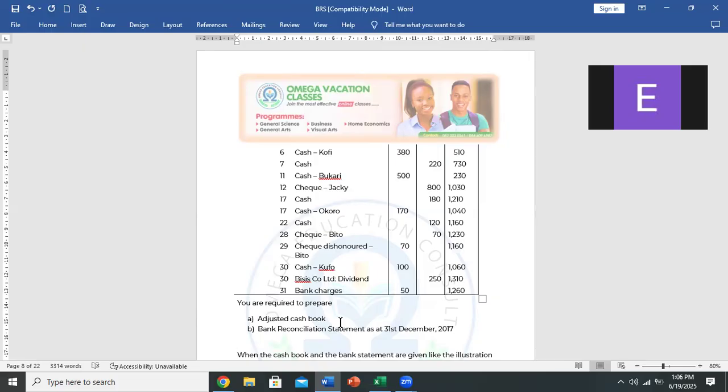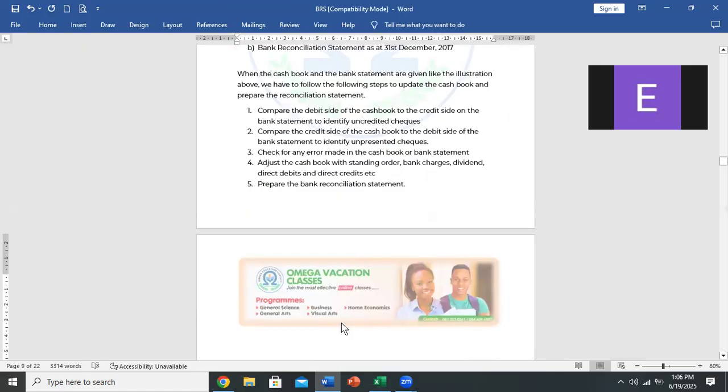Honorable professors, I'm saying that if the question is given to you in this format, then you would have to go through the following steps. So look at the tips given here before we even go to answering the question. When the cash book and the bank statement are given, like the illustration above, we follow these steps. Step 1, compare the debit side of the cash book to the credit side on the bank statement to identify uncredited checks.